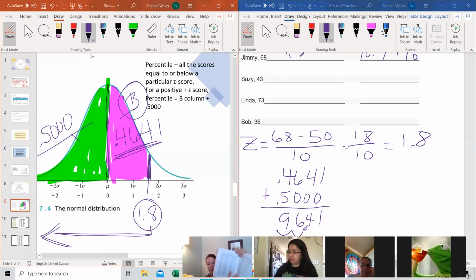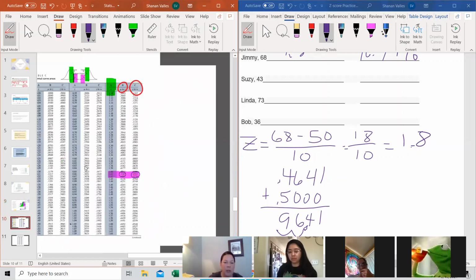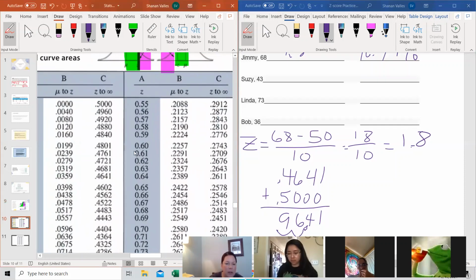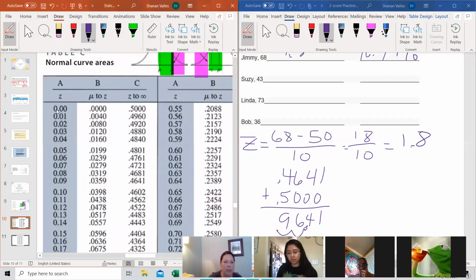If you want to see, it is in here, I promise you. Okay, if you look up at the table, there is a z-score of 0. Just so I can show you, I promise you I'm not making this up. There's your z-score of 0. If you're a z-score of 0, you're equal to the mean, so you're not going to be any different, right?